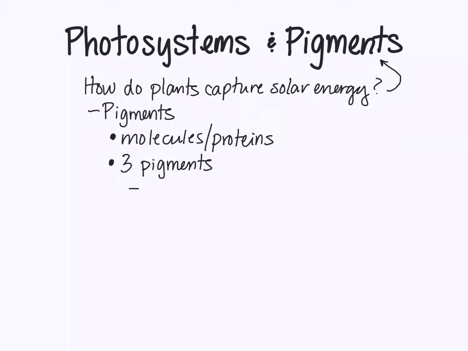The two primary pigments are chlorophyll A and chlorophyll B. And a third class of pigments that are kind of accessory pigments are called carotenoids.